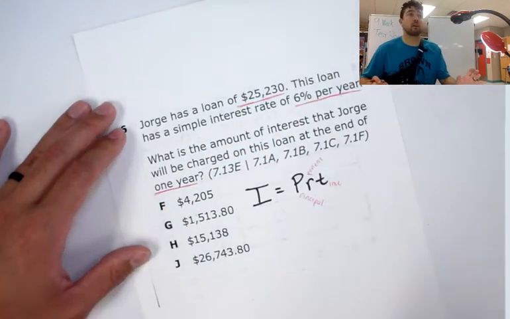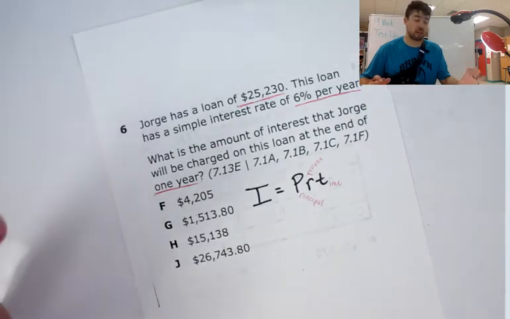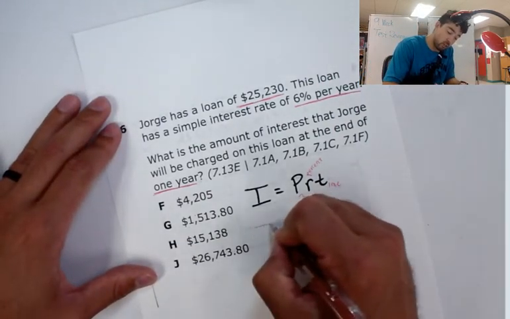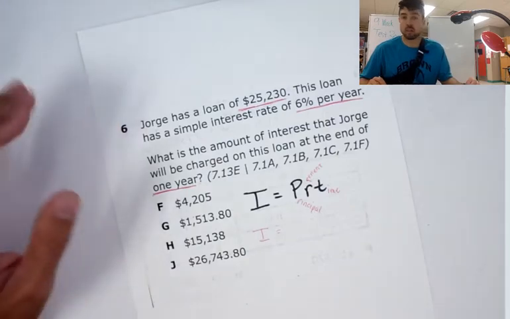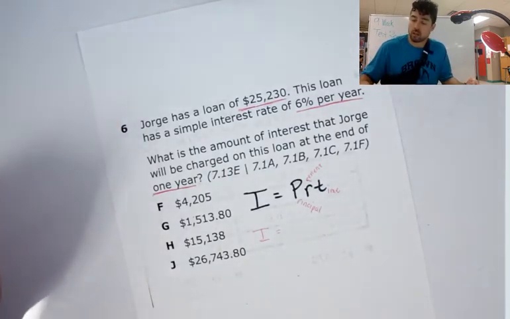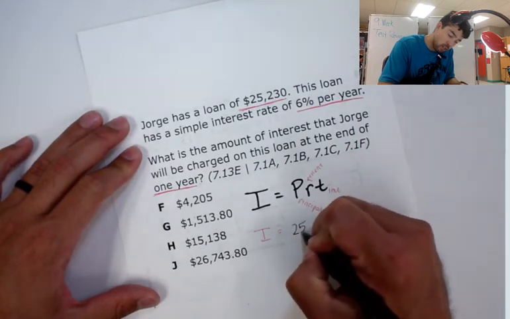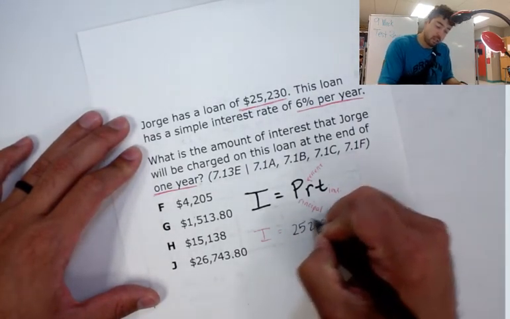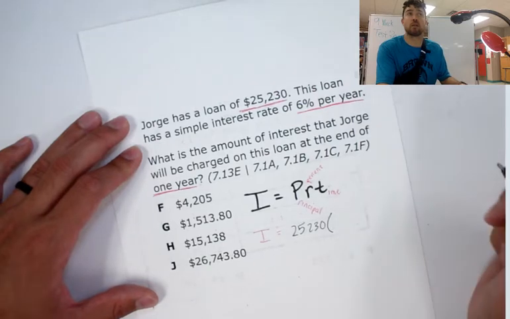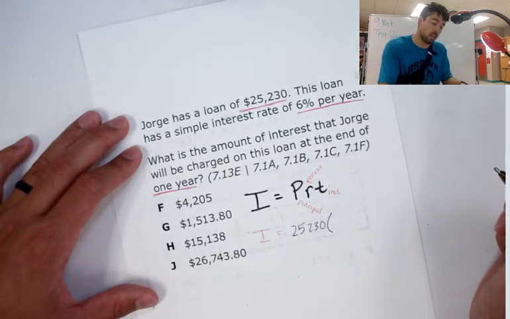So we're just going to plug all these numbers in where they go in the formula. So interest equals, what was the principal? The principal here is 25,230 times. I'm going to use a parentheses to show multiplication.